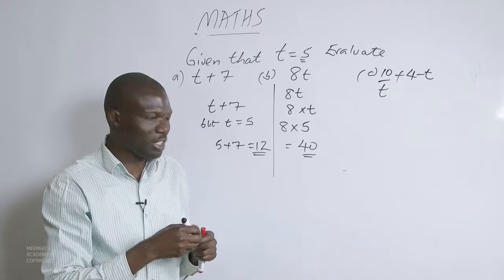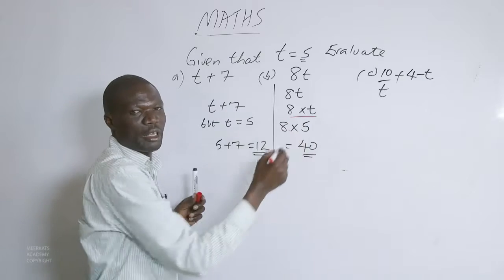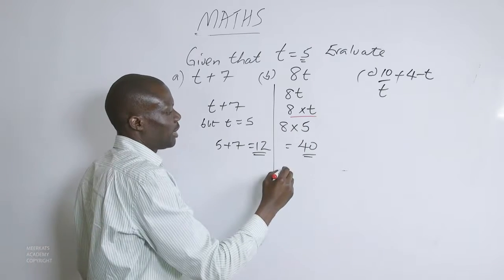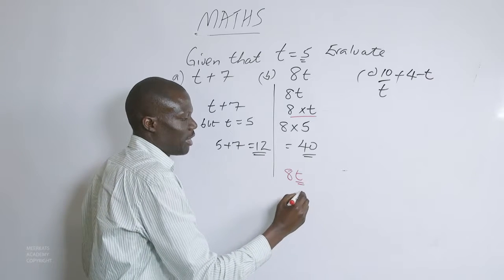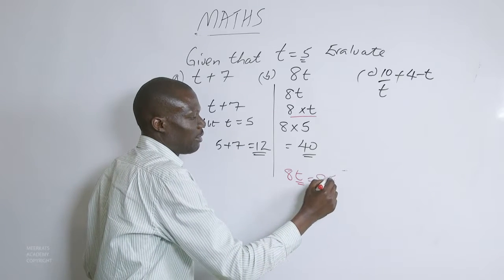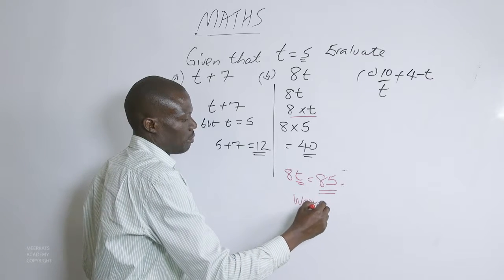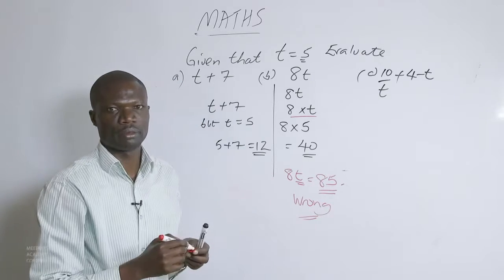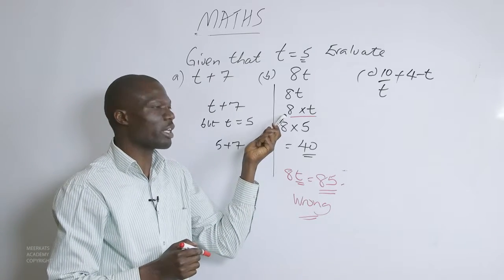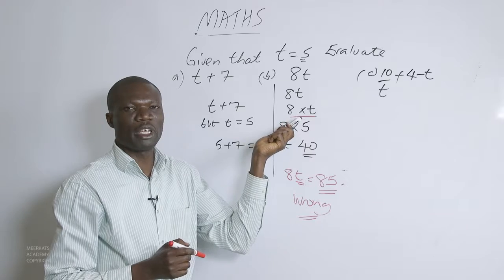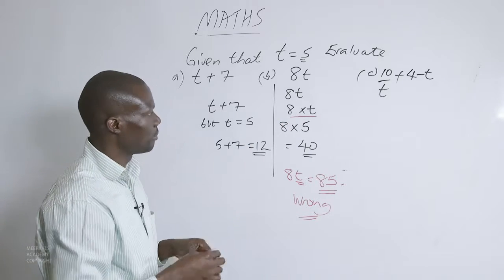I want you to notice that we first broke it down by multiplying, and not by simply saying 8t, if t is 5, then 8, 5. This one is wrong. We do not substitute this way, but we break it by first showing that 8t is the same as 8 multiplied by t.